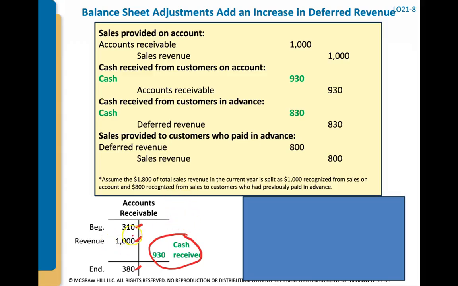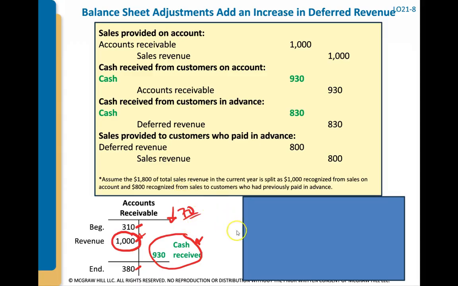So of this $1,000 of revenue, only $930 was received. So we need to reduce our revenue by $70, right? Because our net income includes this $1,000 of revenue, but it should only include $930 based on the cash basis. So we need to reduce our accounts receivable by $70.